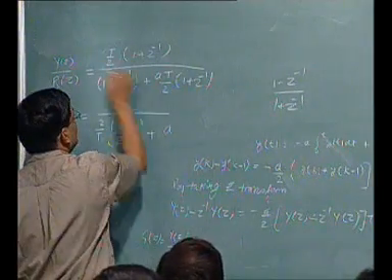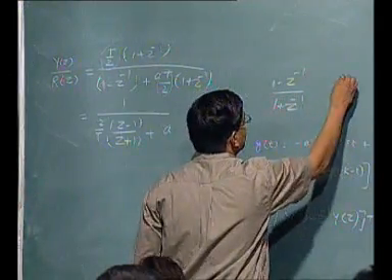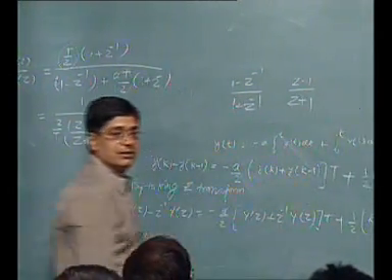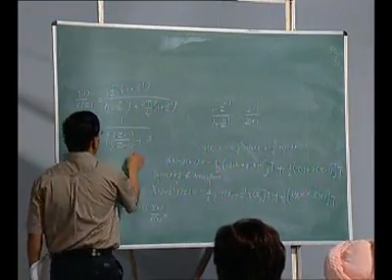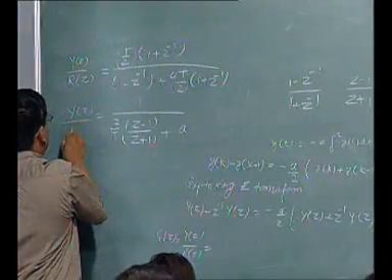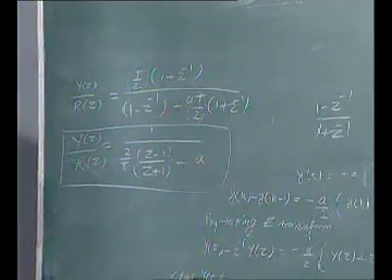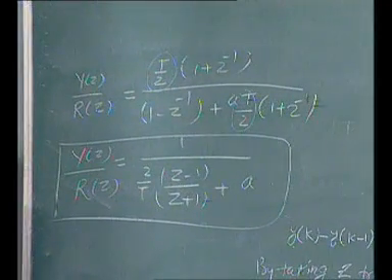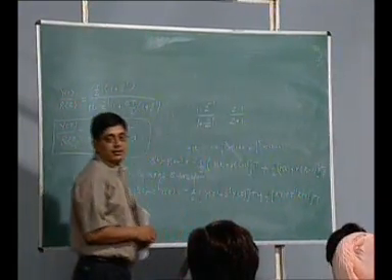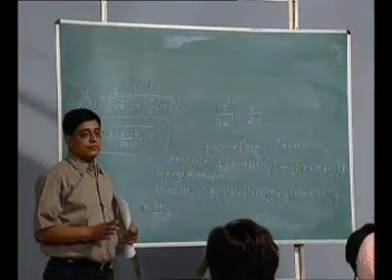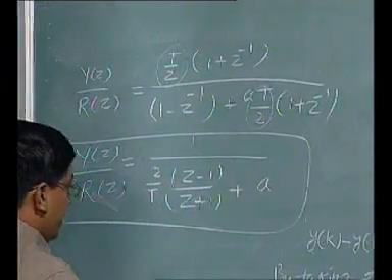If we divide T by 2 also, then here it will be 2 by T, right? Now it will be (z minus 1) upon (z plus 1), right. So it is coming out as Y(z) over R(z) equals to 1 upon (2 by T into (z minus 1) upon (z plus 1) plus a). Is it clear so far? Any doubt? Now this is s.